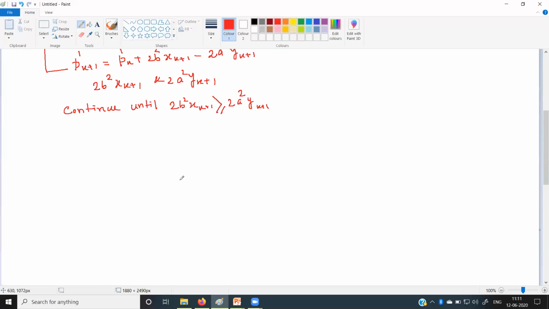So I have to repeat the step, and when this condition is violated, we will come out of step 3. Now in our step 4, what will we do?